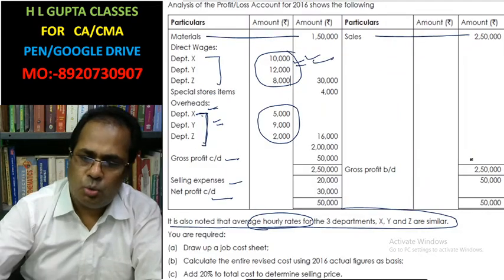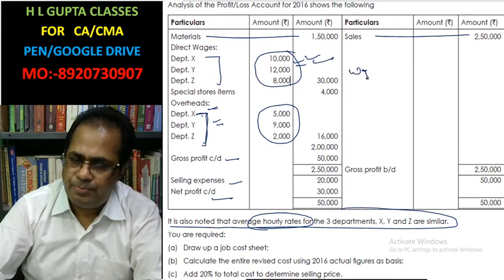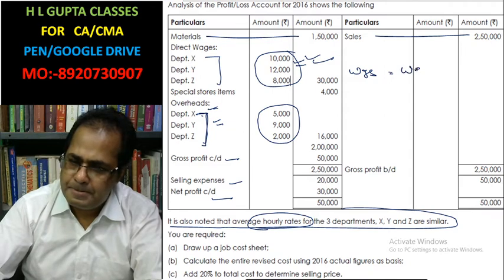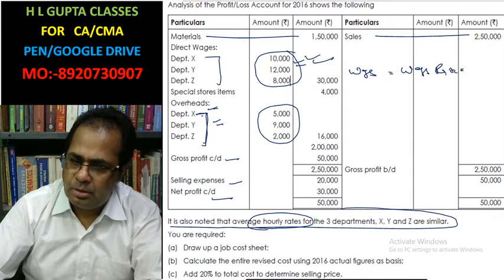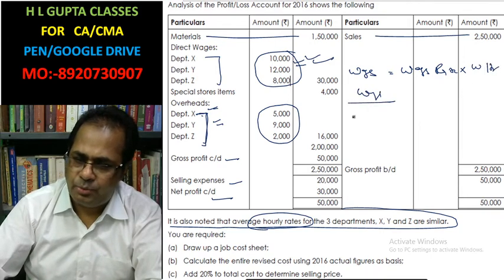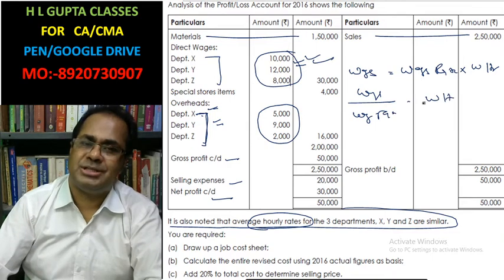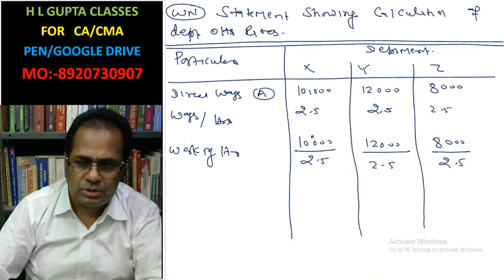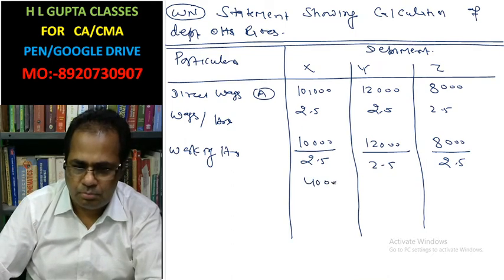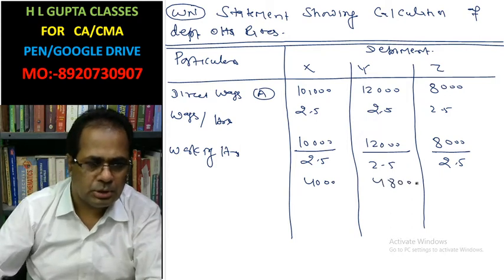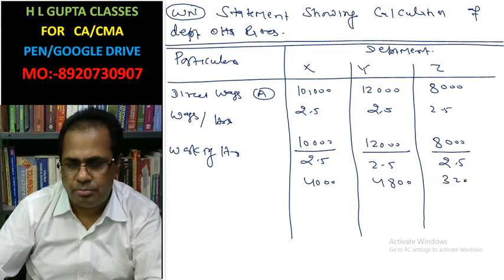Look here: wages equal wages rate into working hours, so working hours equal wages divided by wages rate. Using this, we get 4,000, 4,800 and 3,200.